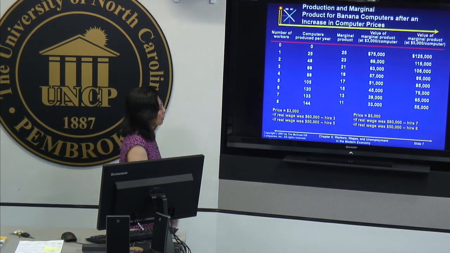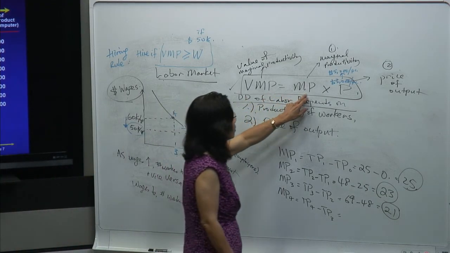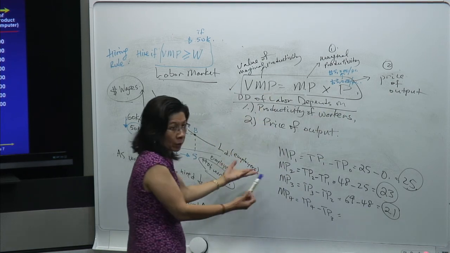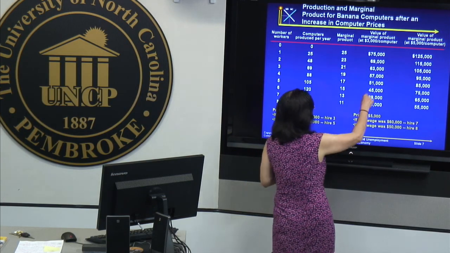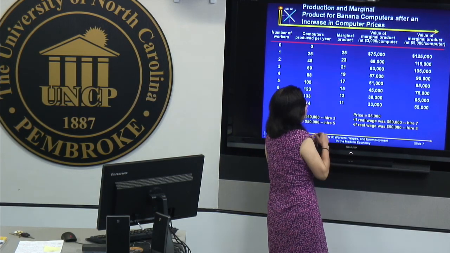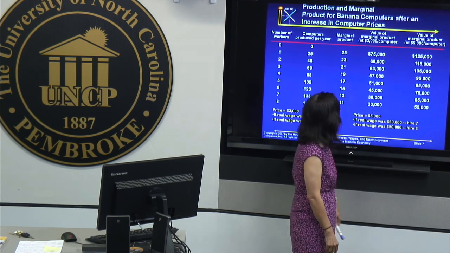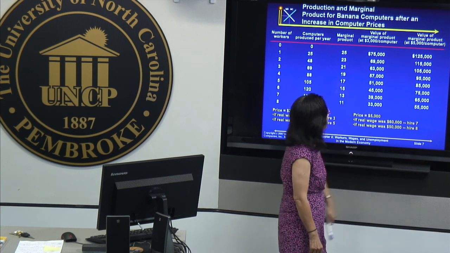In order to get the value of the marginal productivity, we know that if marginal productivity stays the same but price has gone up, the VMP has to go up. So how do we know? We take 5,000 times 25. If you have your calculator, you can do that. You get 125K. Jump down to 11 times 5,000, you get 55K.